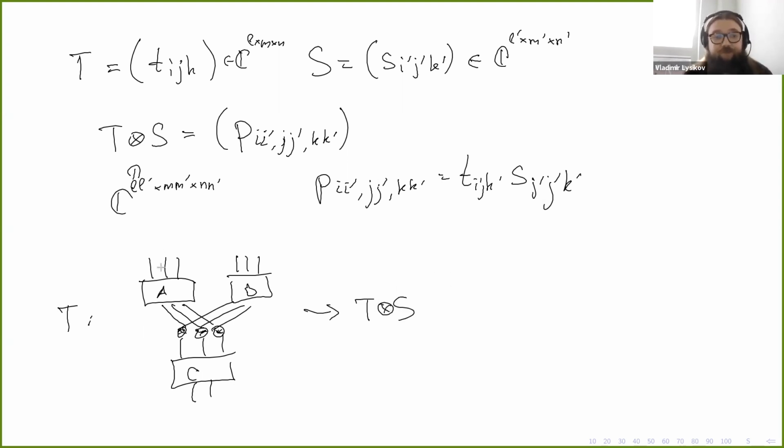Inputs of T tensor S come in blocks. So for example, if T has 3 inputs and S has, for example, 4 inputs for X, then T tensor S has 3 blocks of 4 inputs.